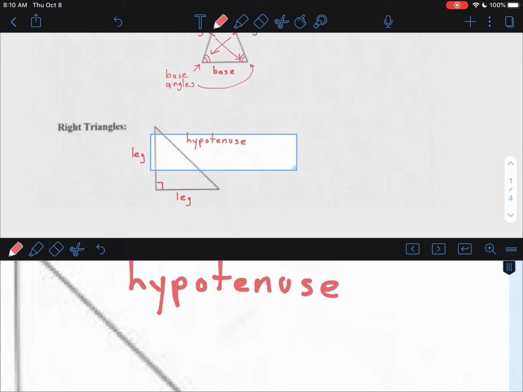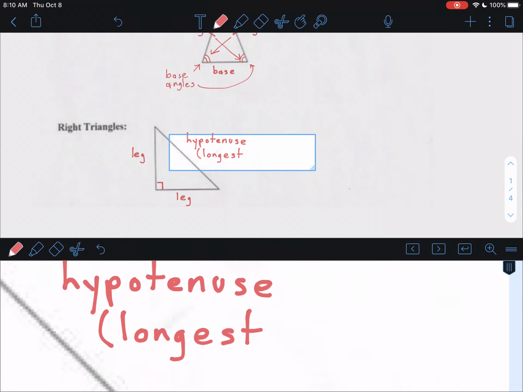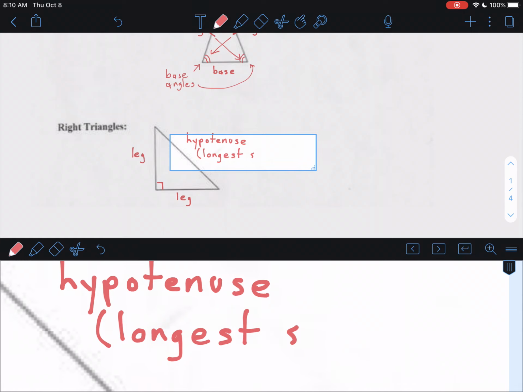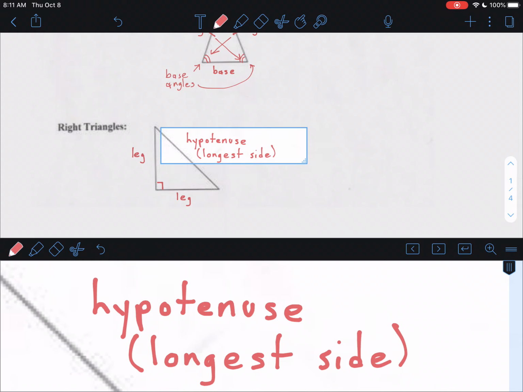And the hypotenuse is always going to be the longest side of a right triangle. And triangles that aren't right triangles will not have a hypotenuse. The hypotenuse only exists in right triangles. So just keep that in mind.